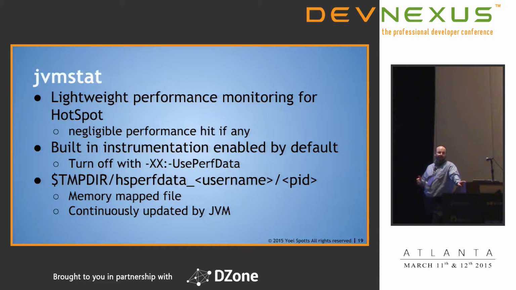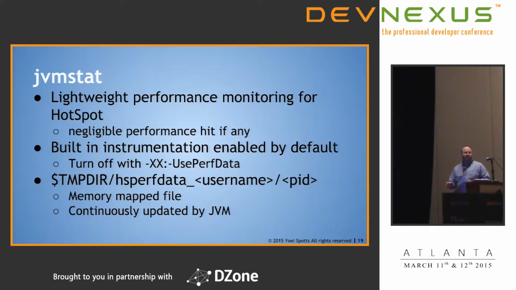In fact, when I was reading up on this, there seemed to be some indication that turning it off would cause a performance hit, which is particularly interesting. I don't know exactly how that works, but you don't really need to worry about keeping it on. It can provide some really useful information, and the JVM continuously updates this monitoring information and stores it in a memory mapped file, which you can look at in a well-known location.